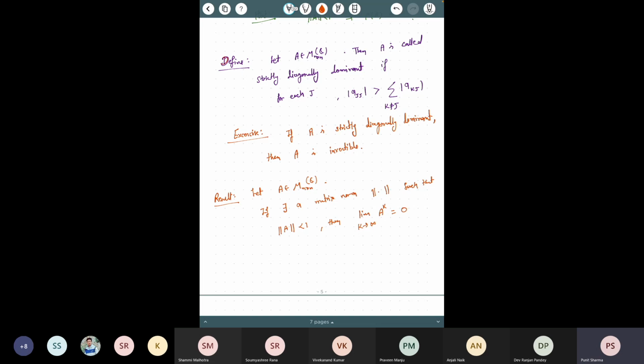So what is the meaning of this? That all the entries of A to the power k tend to 0 as k tends to infinity.